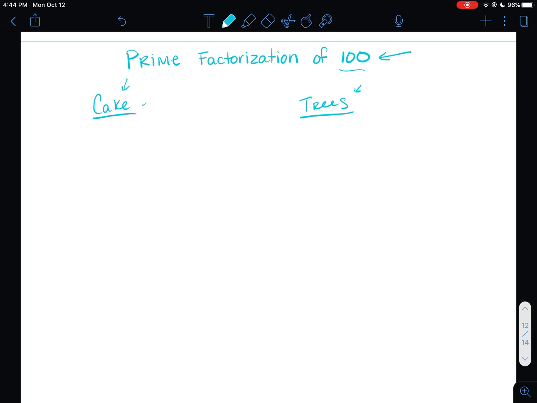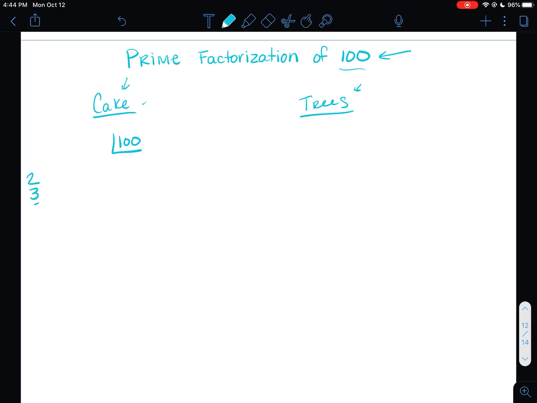So if we are doing the cake for 100, we're going to start by drawing or writing 100 in our first layer of cake. Always list your first couple prime numbers down the side so it helps you work through them, because you always want to start with your smallest prime number, which is 2. Ask yourself, is 100 divisible by 2?